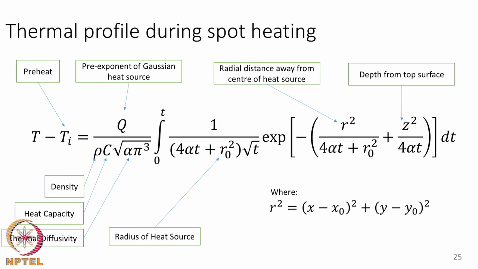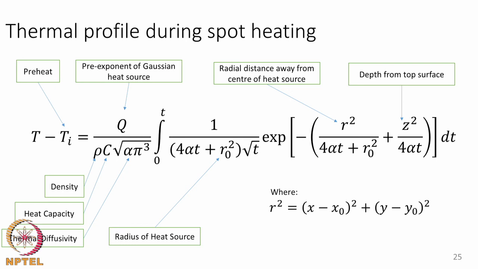All the terms are exposed here using boxes. You can see that Q is a pre-exponent of the Gaussian heat source. It is not the same as the Q in the previous expressions. It is only the pre-exponent of the Gaussian heat source, because here we are taking the heat source to be in a Gaussian form, not as a line form or a point form. r is the distance radially away from the center of the heat source, z is the depth from the top surface, rho and c are density and heat capacity respectively, alpha is the thermal diffusivity, and r naught is the radius of the heat source.